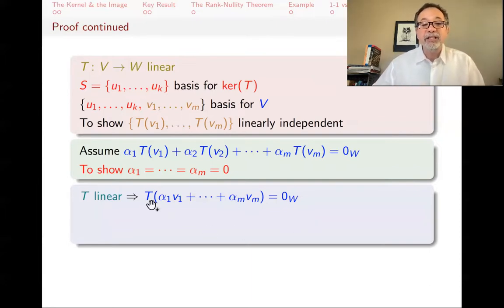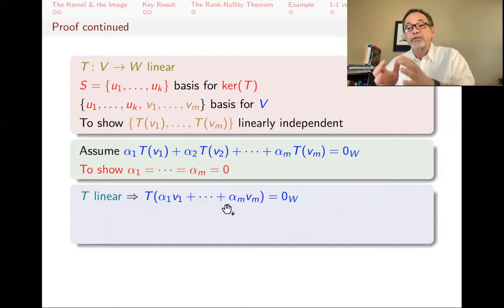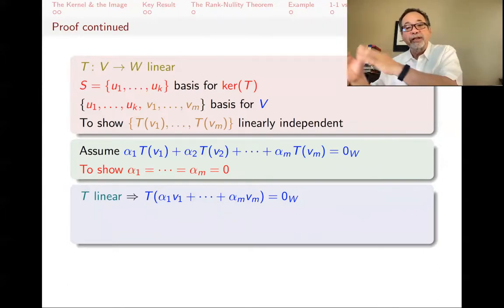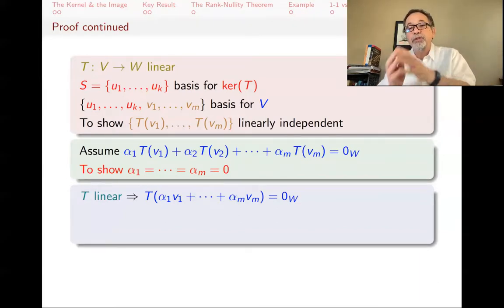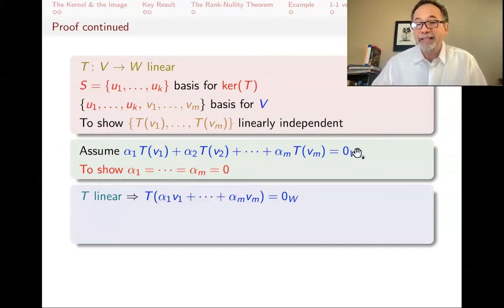This statement splits up into T of alpha 1 V1 plus T of alpha 2 V2 plus T of alpha 3 V3 and so on. And then the scalars come out, and you get alpha 1 T of V1 plus alpha 2 T of V2 plus alpha 3 T of V3 all the way till alpha m T of Vm. And that's the 0 vector. So this left-hand side is the same as the old left-hand side.